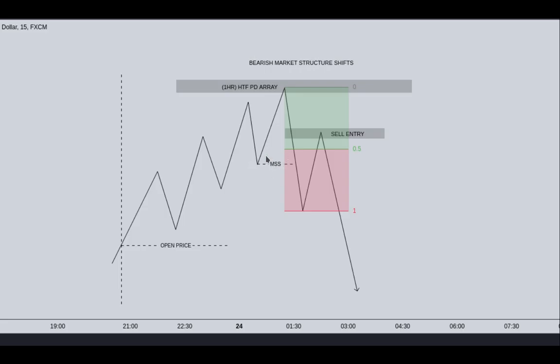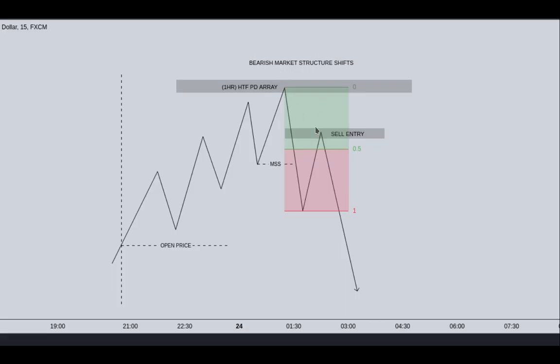So this is the bearish market structure shift after we break this swing low at this level here. So we hit a higher time frame level, price is engineered to that level. We hit a higher time frame level, we shift structure, then we wait for a retracement into our premium levels. So when price hits our premium level, we sell.